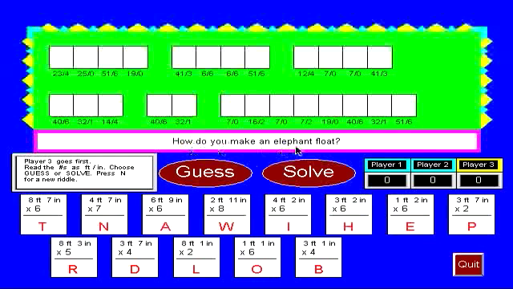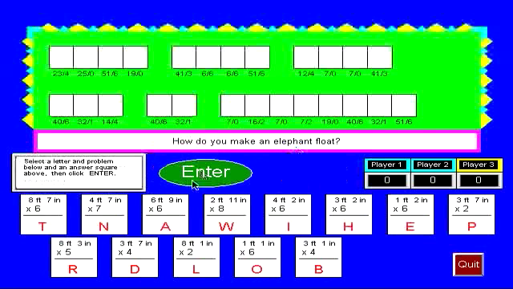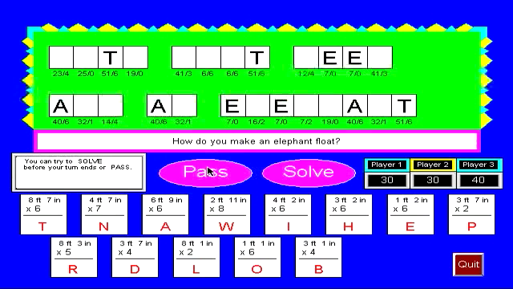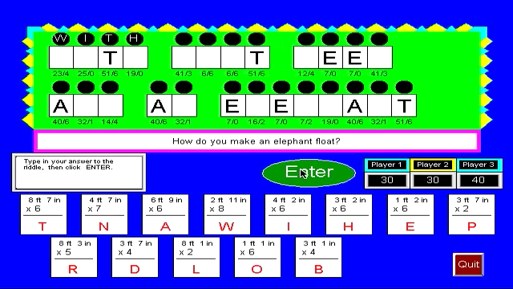So how do you make an elephant float? So let's say like E, 1 foot, 2 inches, 6 times. So that gives you 6 feet and another 12 inches, so 7 feet, no inches. So after a few more letters, it looks like we're ready to solve this.